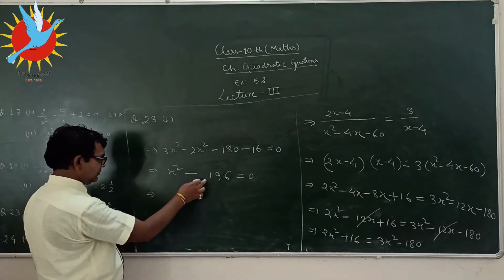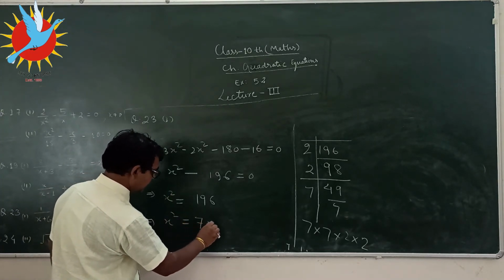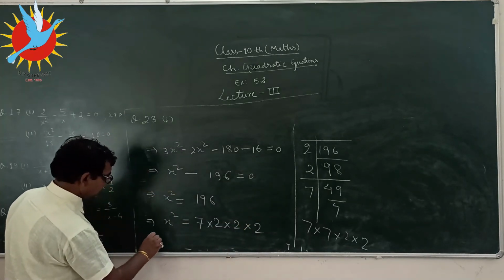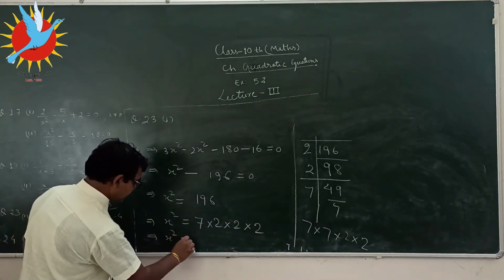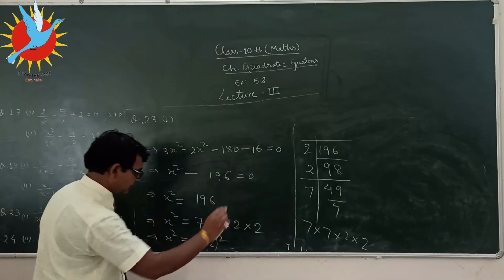Now this can be written as x square equal to 7 into 7 into 2 into 2.